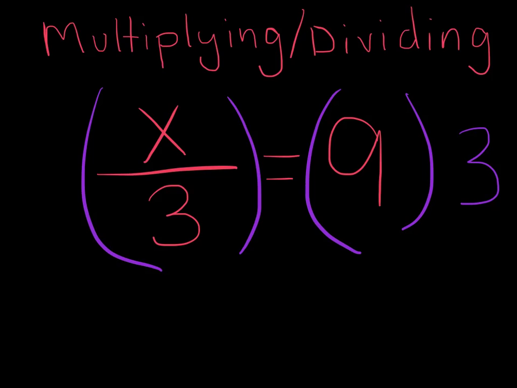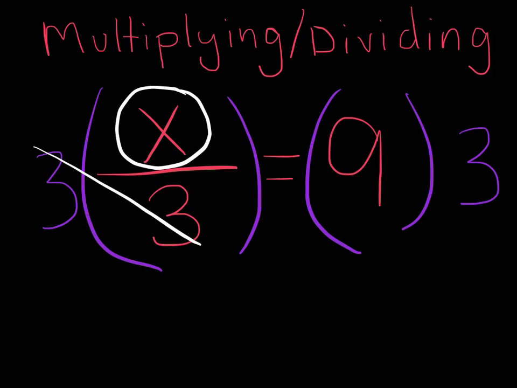The reason why I'm multiplying by 3 and not 9 is because I want to get the x by itself. So I need to get rid of whatever is by the x. In this case, I need to get rid of this 3. I get rid of dividing by 3 by multiplying by 3. That leaves me with x, which is what I was trying to solve for. 9 times 3 is 27.